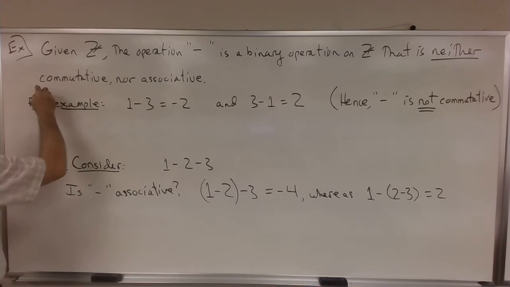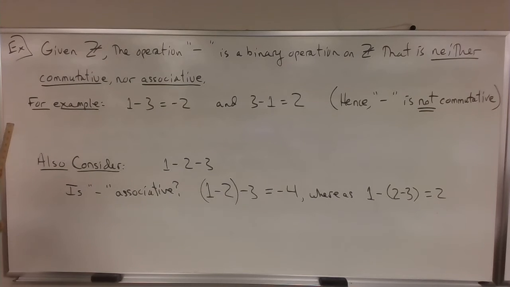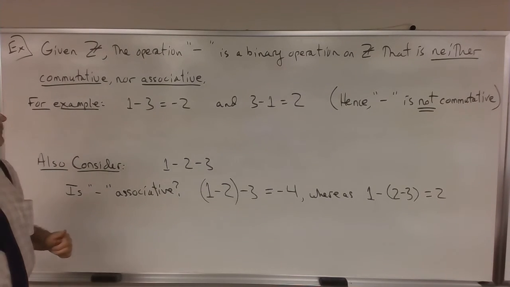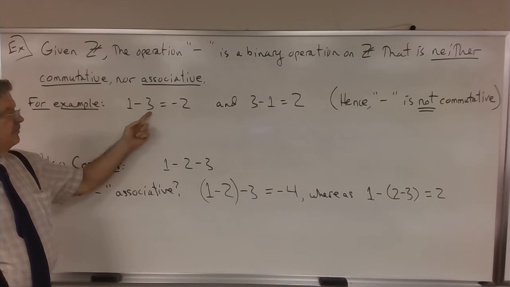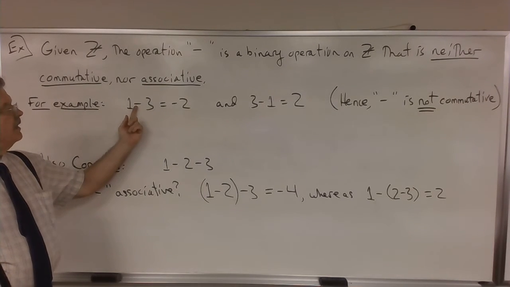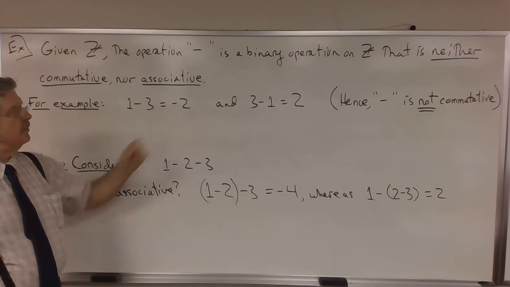And I guess that should be underlined. Neither commutative nor associative. And just for example, consider 1 minus 3. The ordered pair 1, 3. To the ordered pair 1, 3, the minus assigns the element negative 2.